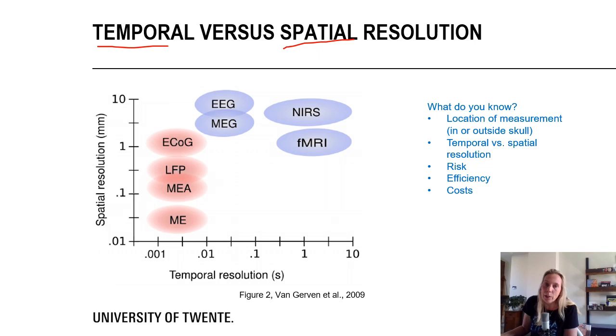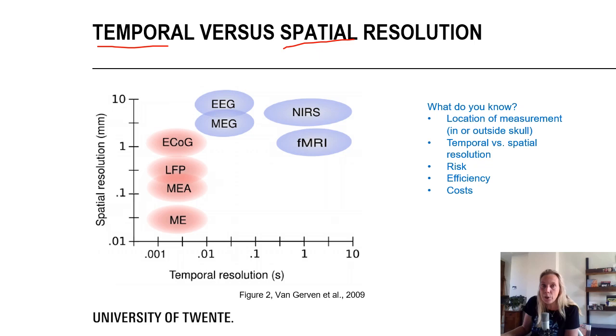And what you probably notice is that they have a very high temporal resolution. So they're very precise in time. Then some of them have a very high spatial resolution as well. For example, the microelectrodes, because you insert them directly onto the neurons, you can measure neurons directly. And this is why we know very precisely where the signal is being measured.